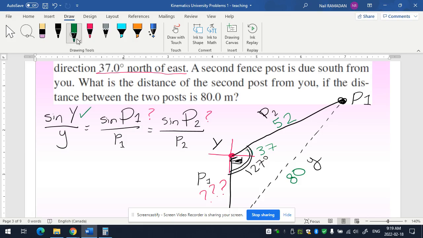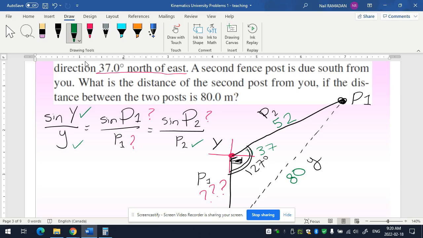Do I know length y? Yes, we do. 80. Do I know length p1? No. I am trying to find it. Do I know length p2? Interesting. Do I have at least one fully known fraction? Yes, we do. It's the first one. Now, here's the slight problem. Which length am I trying to find?